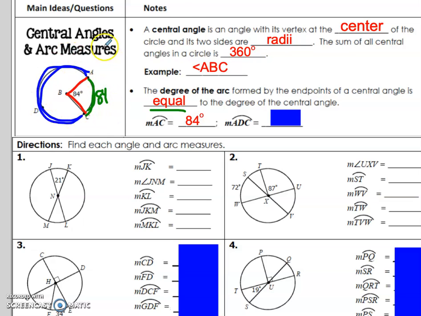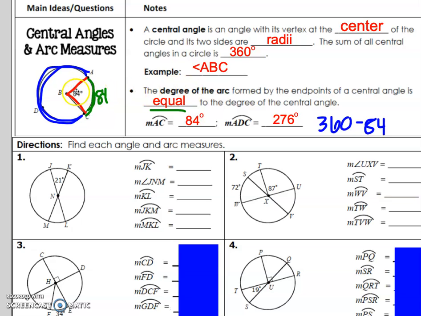And to figure out the total, we would then subtract 84 from 360. So 360 take away 84 degrees will give you the measure of the major arc ADC, which is going to be 276. Okay?